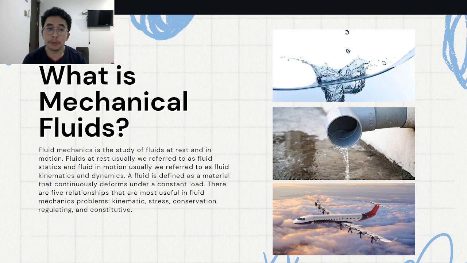So what is mechanical fluids? Fluid mechanics is the study of fluids at rest and in motion. When we refer to a fluid that is at rest, with no motion, we call it fluid statics. It revolves around the force and the weight of the fluid, for example in a glass, like this bottle right here.